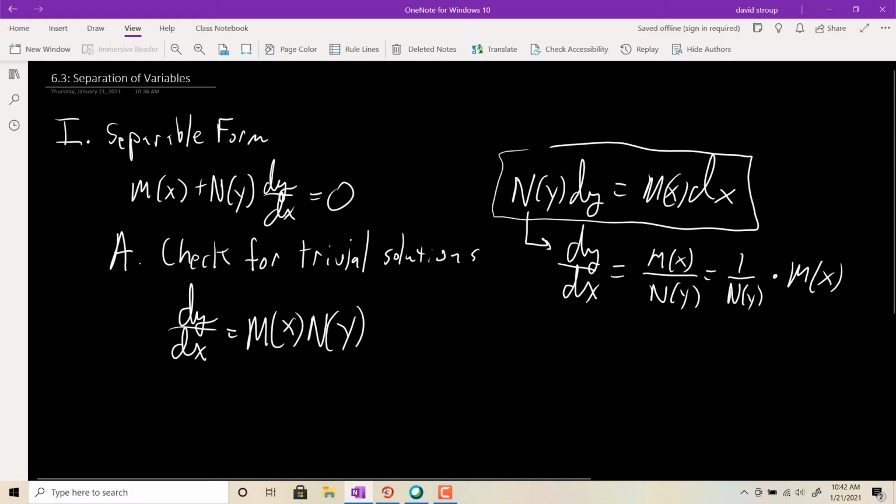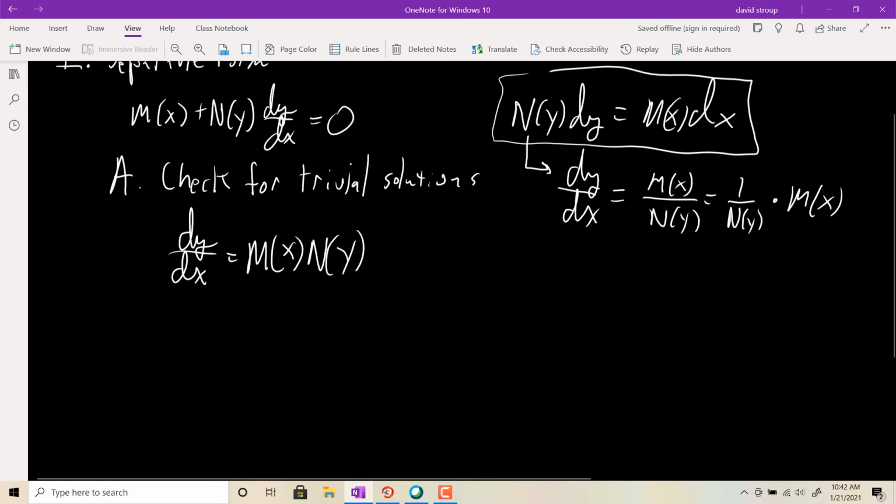Anyways, to find the trivial solutions, you're looking for where you could plug something in here that would cause this side to equal 0.